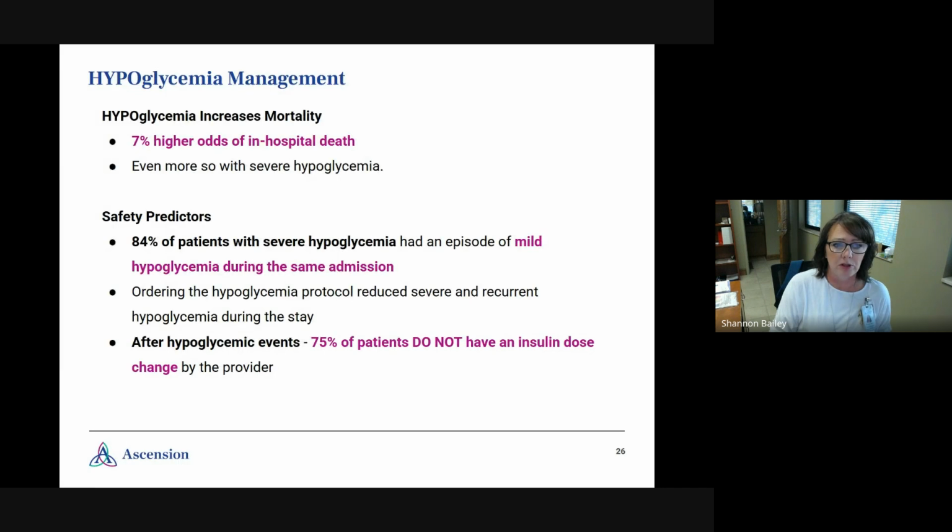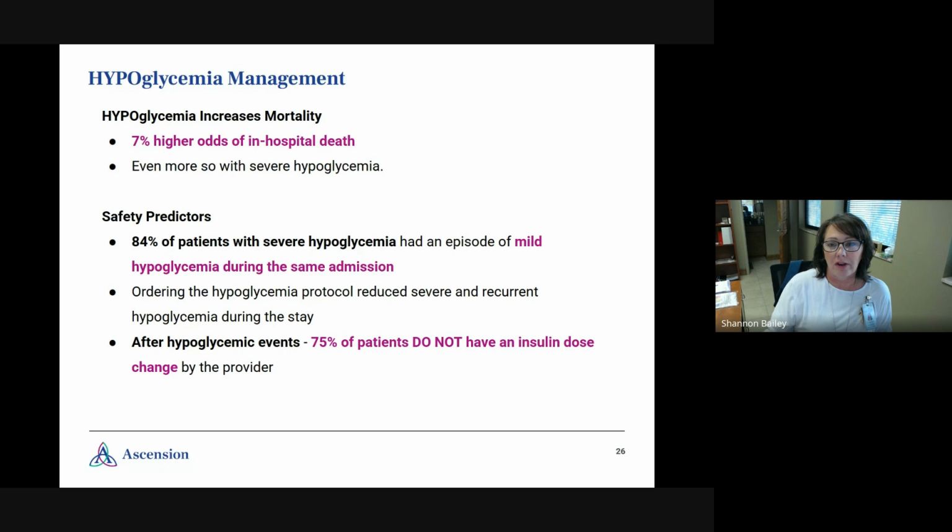So managing hypoglycemia. Why in the world is this so important? It's because there's a 7% higher odds of in-hospital death for those that are having hypoglycemia in the hospital. And it's even worse if they are having severe hypoglycemia. 84% of patients with severe hypoglycemia had an episode of mild hypoglycemia during the same admission.